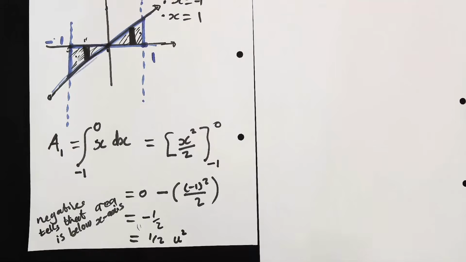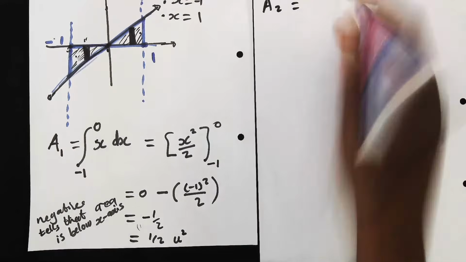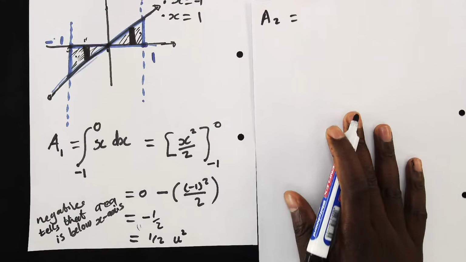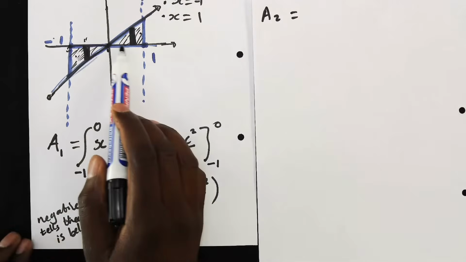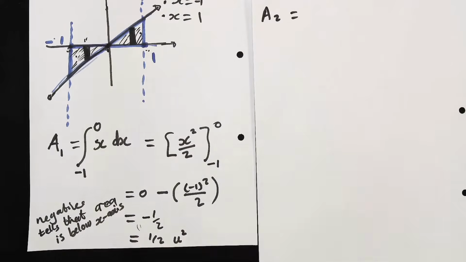So now we need to calculate area 2. We inspect here. The function is the same. The only thing which changes is its limits.